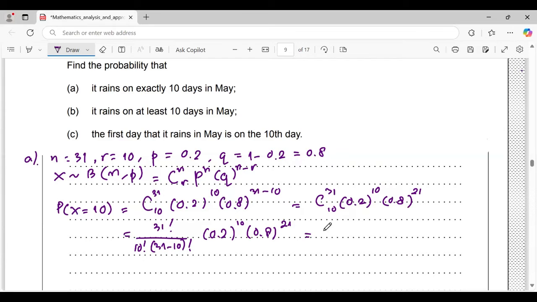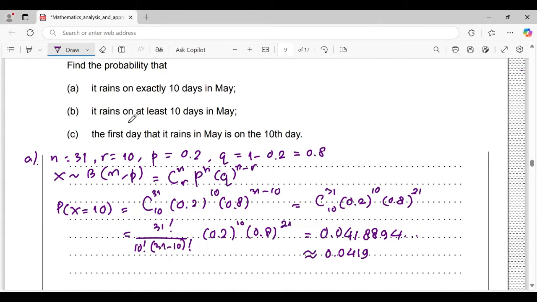If you calculate it on your calculator, you can find 0.041894, which approximately becomes 0.0419.